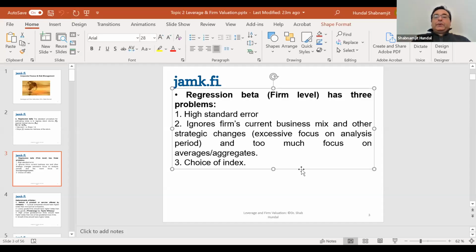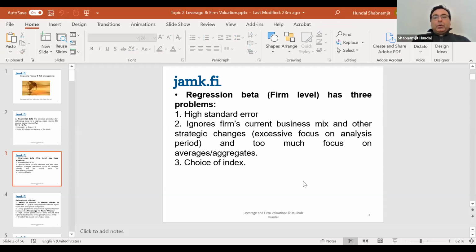About the second point, I want to say something more: according to one school of thought, this regression coefficient beta does not really incorporate the technological or the organizational innovations or the market innovation or even the financial innovation which the company is going through, because it's too static, too technical, too formula type.